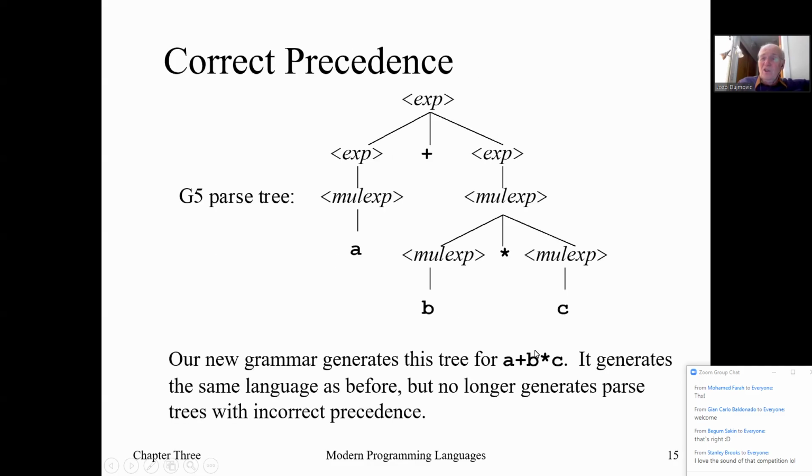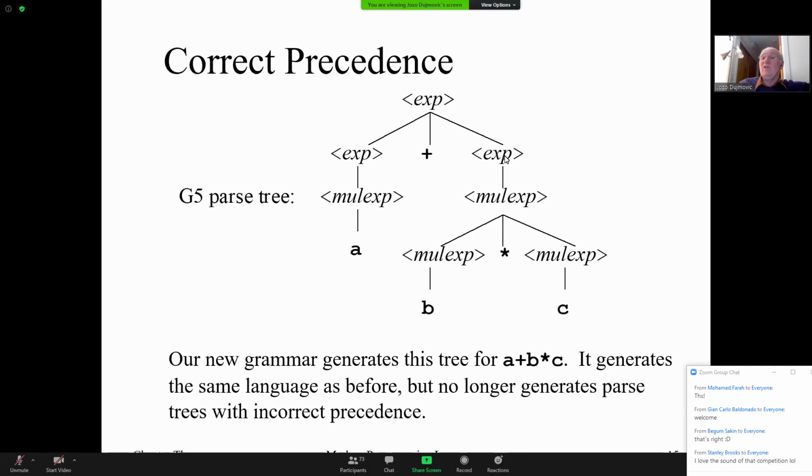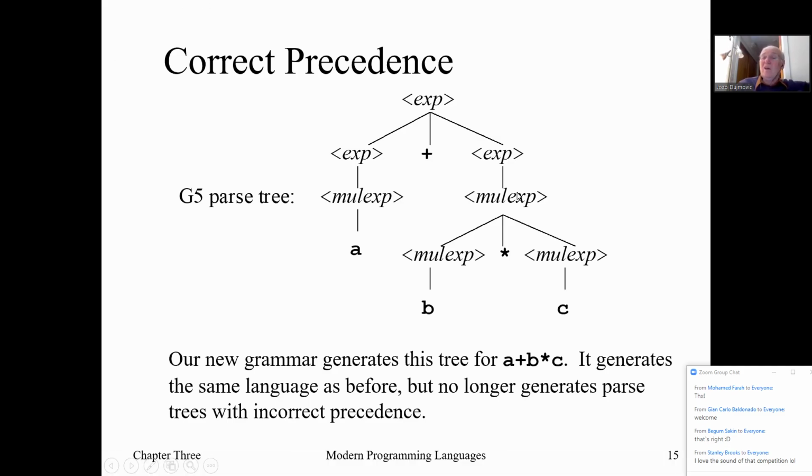So if you go with G5 and make the parse tree for A plus B times C, now you see that you have expression plus expression, okay? And then this expression is replaced with multiplication expression.